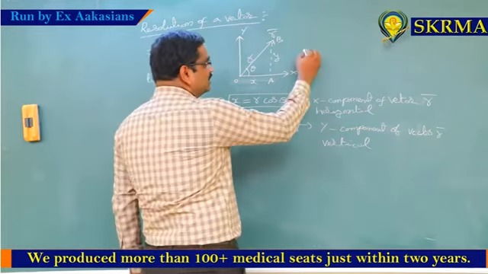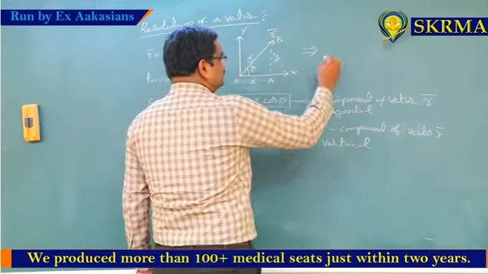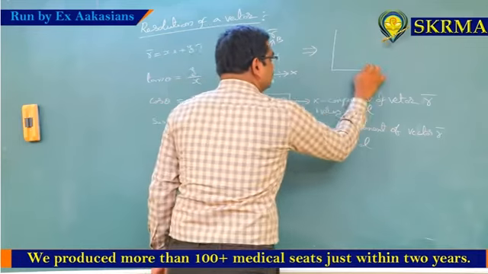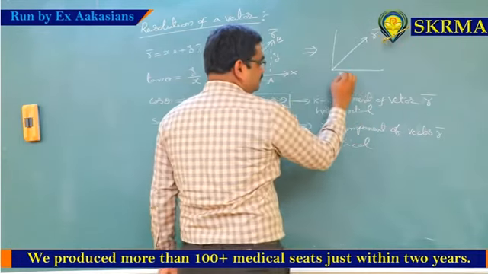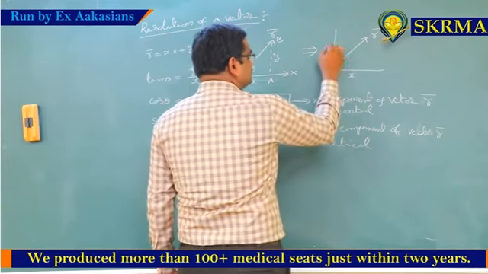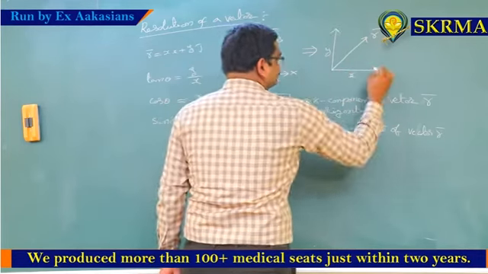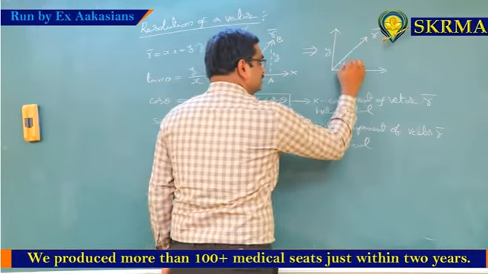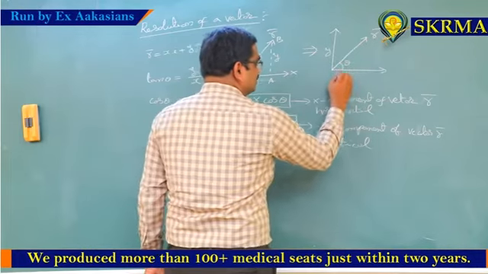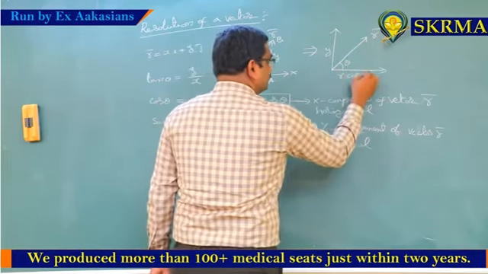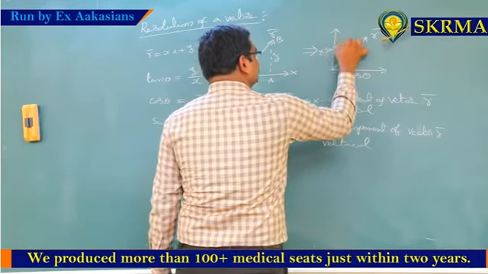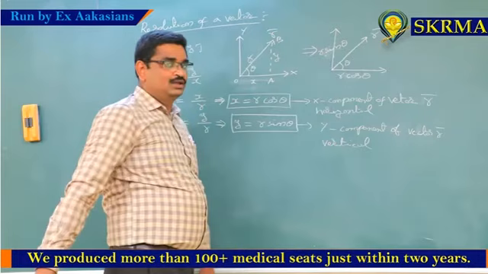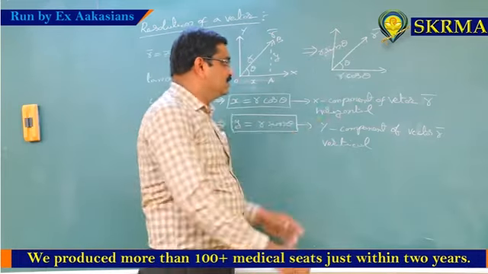So we can redraw the diagram. This is vector r bar, this is x, this is y, this is theta, or simply this is r cos theta, this is r sin theta. So for this vector, x component is how much?